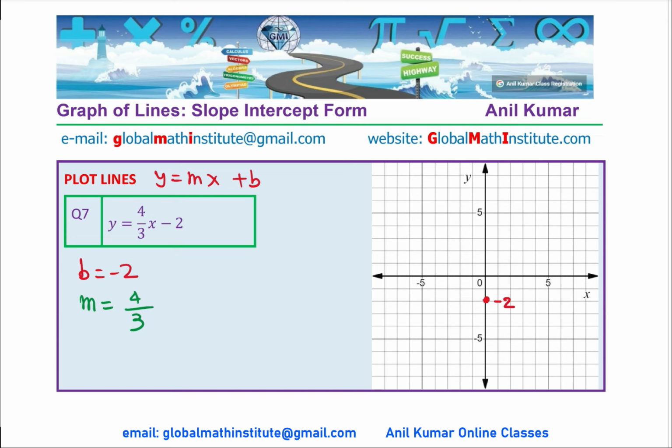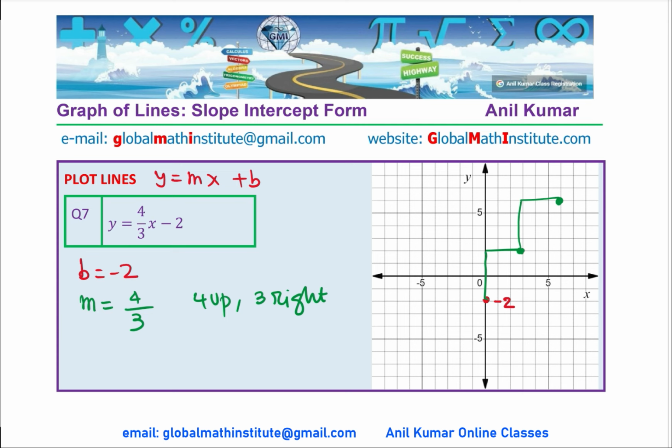So you can go 4 up and 3 right, correct? That is both positive. So from here, let's go 4 up and then 3 right. That is, we'll reach this position, right? Then again, go 4 up and 3 right. And connect these points.